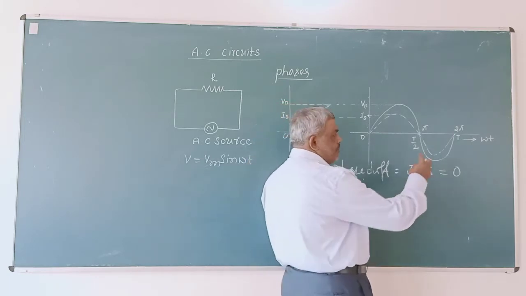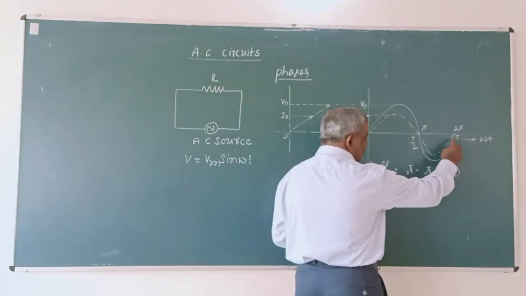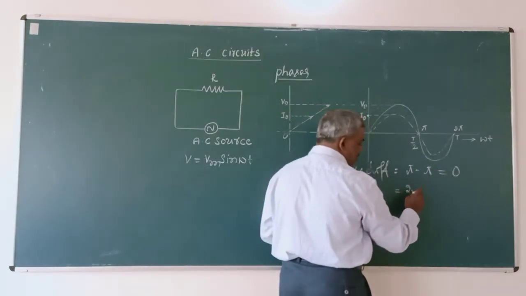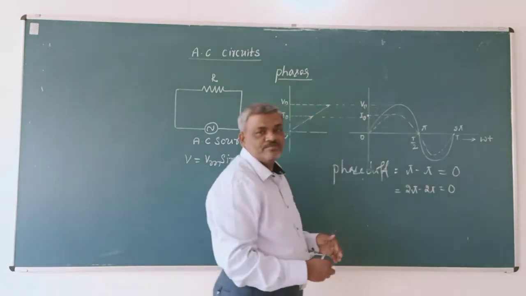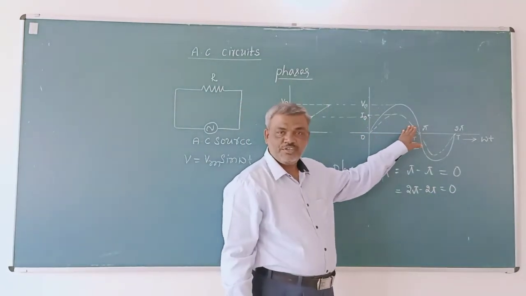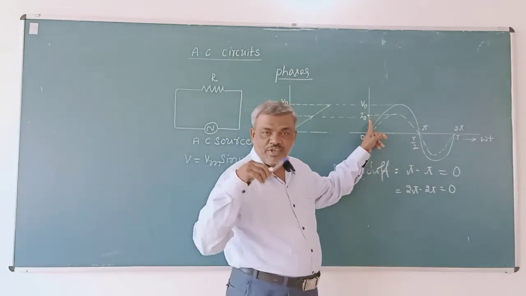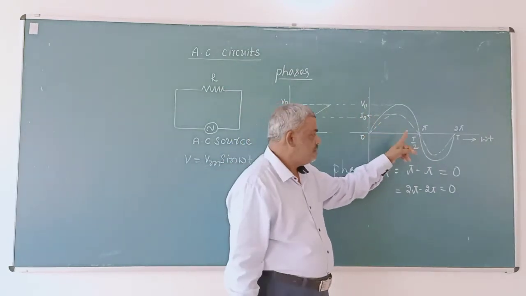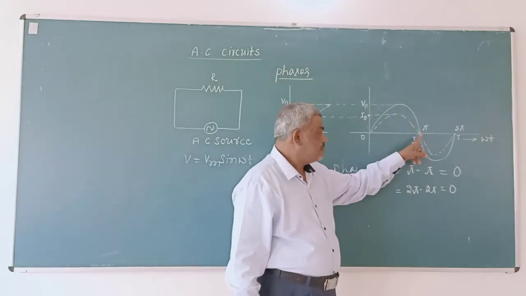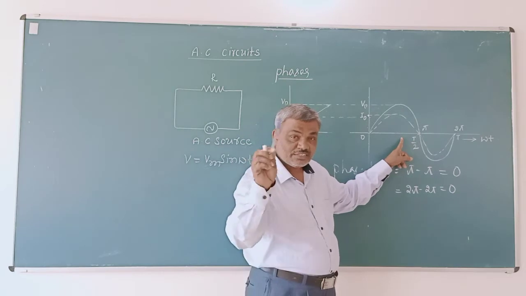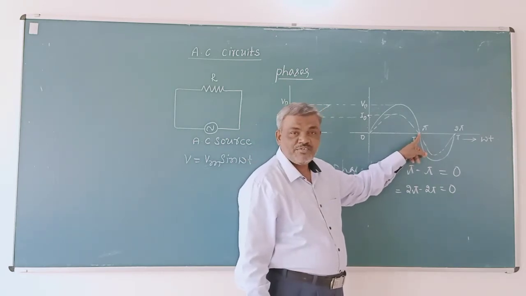And one more phase here, 2 pi. At the same time, the voltage line is at 2 pi and the current is also at 2 pi. How much is the difference? 0. So this graph shows that current and voltage vary as a sine function with time, but current and voltage have the same phase at the same time. At time T by 2, how much phase is there?